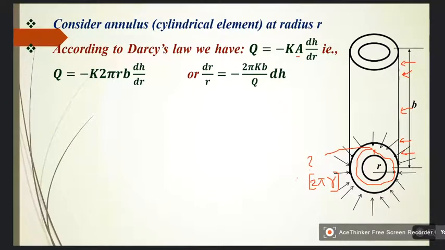B, so multiplied by B will be the area. So A is 2 pi r.